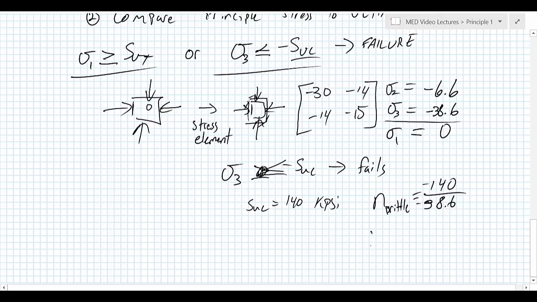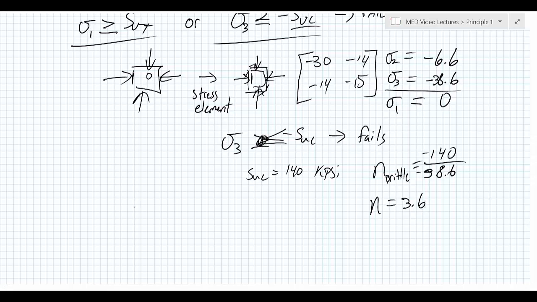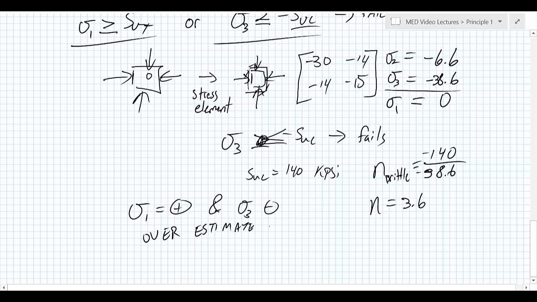So this gives a factor of safety for the brittle failure of about 3.6. So in the situation where sigma 1 is positive and sigma 3 is negative, this method overestimates strength and probably should not be used. Instead, you should use the modified Mohr or the Coulomb-Mohr.